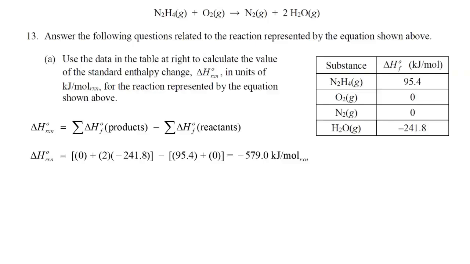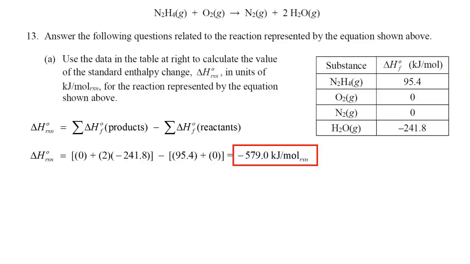And then minus the sum of the enthalpy of formation for the reactants. It's going to be 95.4, which is the number for N2H4, and then plus 0, which is the number for oxygen O2. When we do this math, we get the answer to part A, which is the delta H for this reaction, and it works out to be negative 579.0, and the units are kilojoules per mole of reaction.